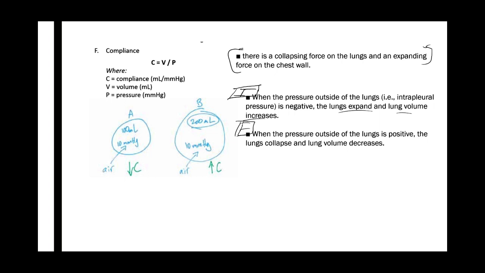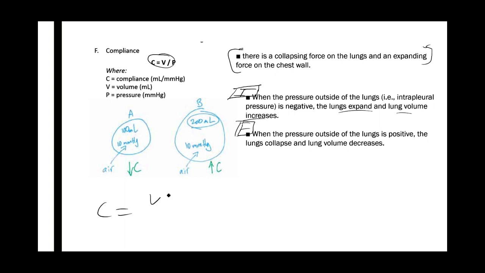Anyway, compliance. So compliance equals volume over pressure. And this is illustrated here in the case of a smaller alveolus with air entering versus a bigger one with air entering.